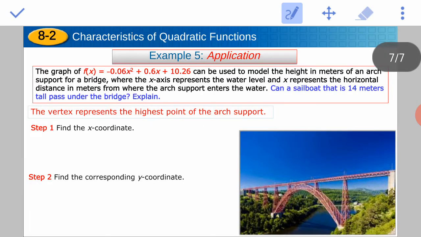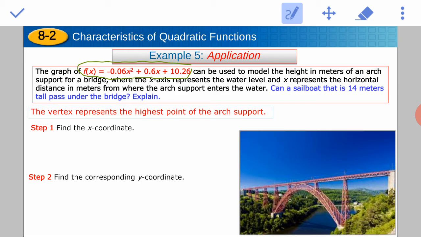One last example, guys. It's a real-life application. The graph of the quadratic function f of x can be used to model the height in meters of an arch support.